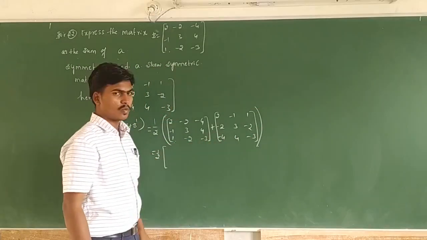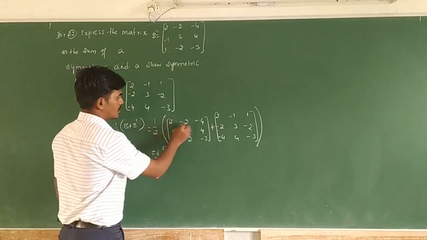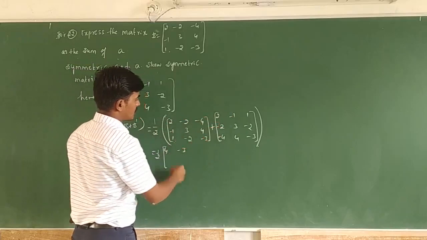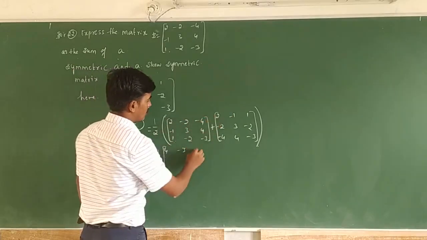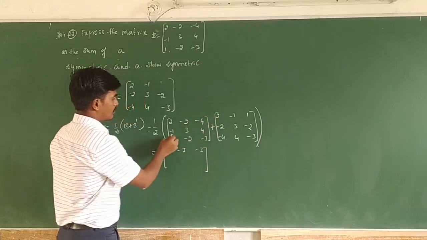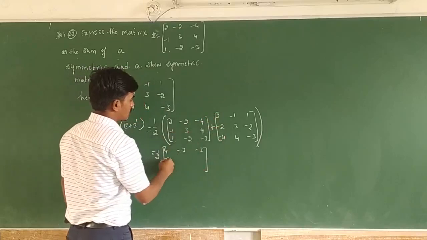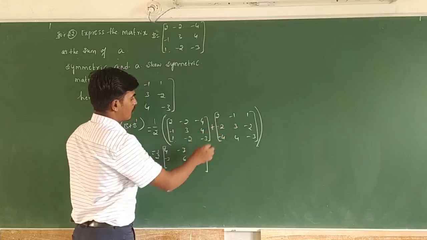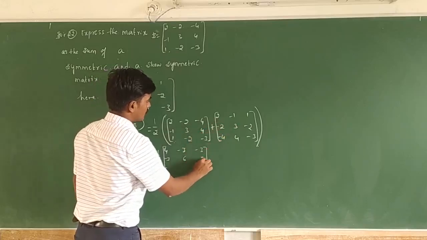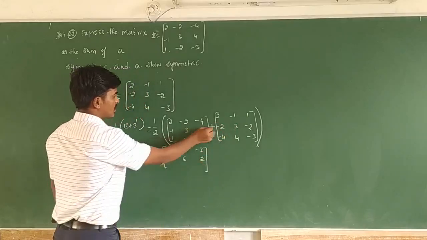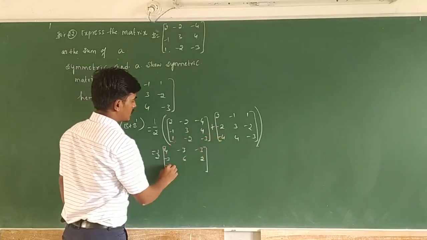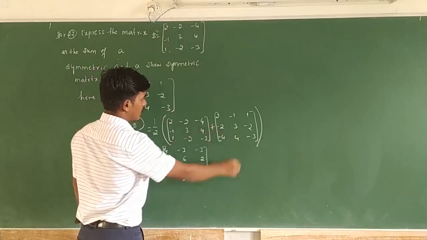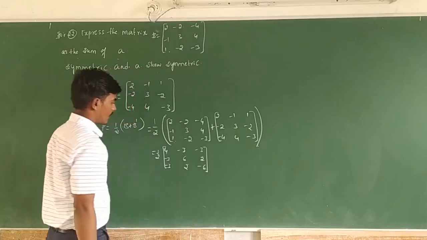Here these two matrices are square matrices, so addition of these two matrices is possible. 2 plus 2 is 4, minus 2 plus minus 1 is minus 3, minus 4 plus 1 is minus 3. Next, minus 1 minus 2 is minus 3, 3 plus 3 is 6, 4 plus minus 2 is 2. 1 plus minus 4 is minus 3, minus 2 plus 4 is 2, minus 3 plus minus 3 is minus 6.